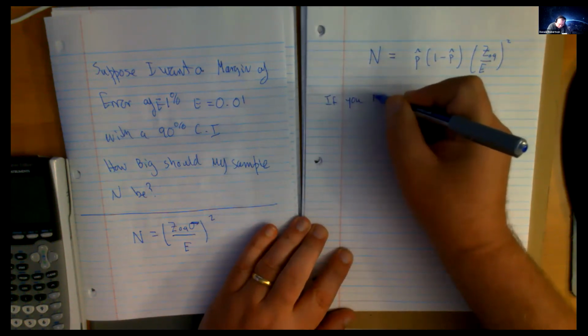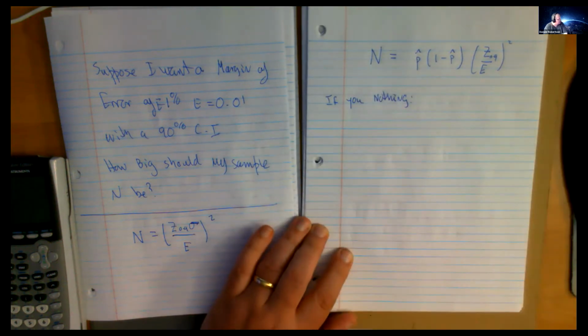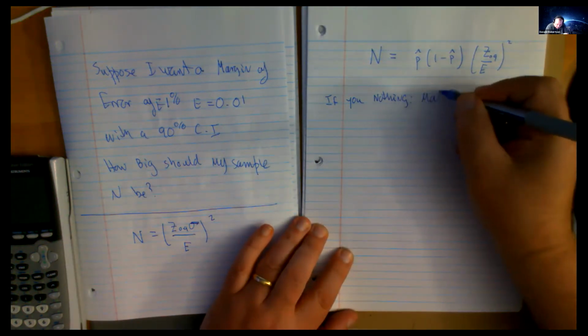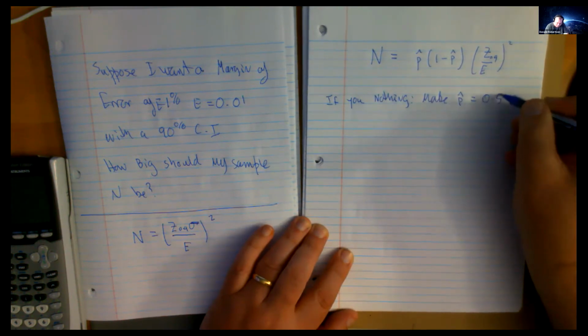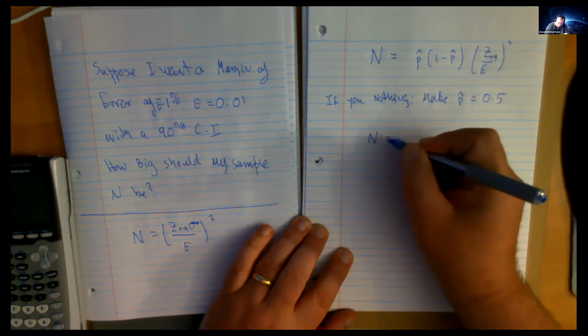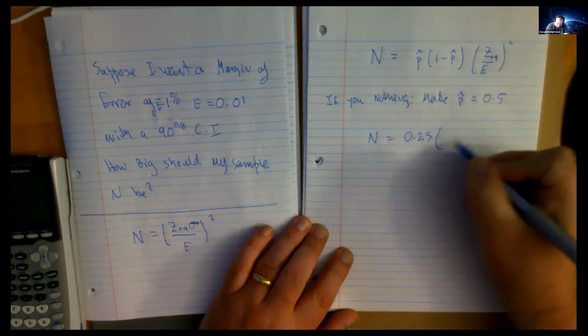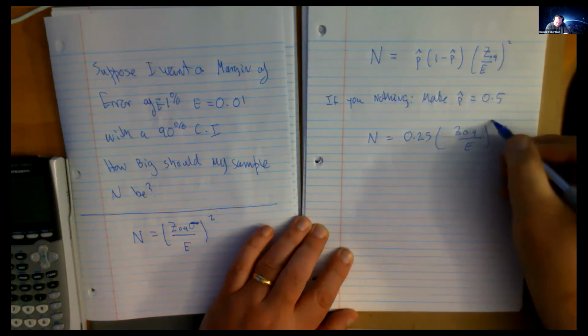If you know nothing, right, you have no idea what kind of answers you're going to get, right? You could get a huge number of people, you could get almost nobody, right? If you know nothing, you make p hat a half. And so this formula will now become 0.25, this guy over E squared.